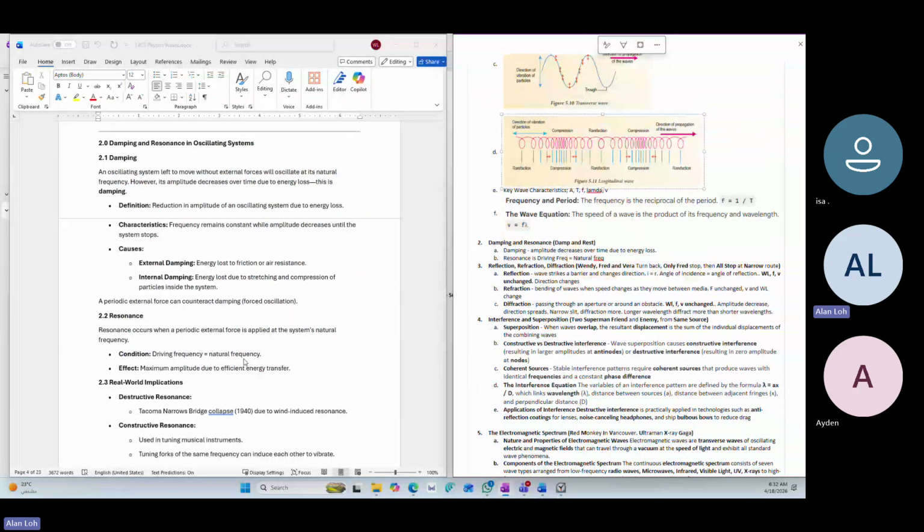Okay. This is drawer number 2. This is the entire drawer number 2. So let's do 1 minute.